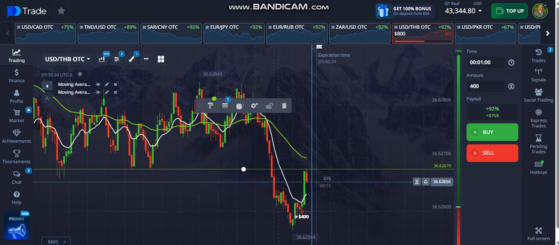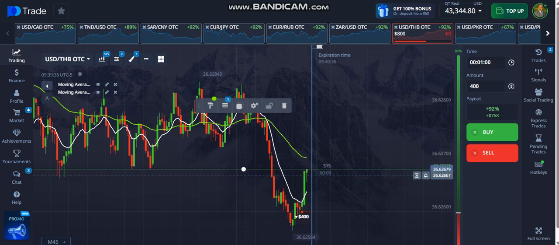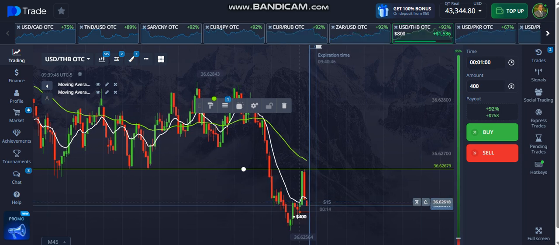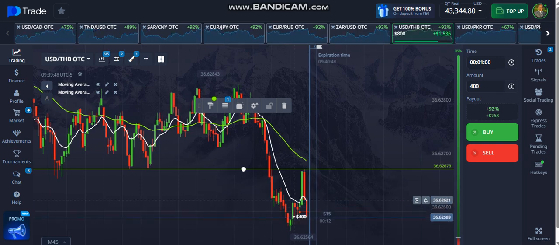The price broke that level of support, and so I took a trade. Once the price retraced back to the 10 EMA line, I took a trade. I took a sell trade. All right, so let's monitor this trade.